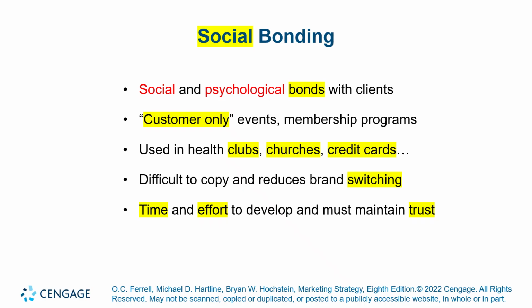This strategy is used in health clubs, churches, and credit cards. You see that, right? The membership has its benefit. It's difficult to copy, and it also reduces brand switching. It's harder to copy, and the brand switching is less with that.